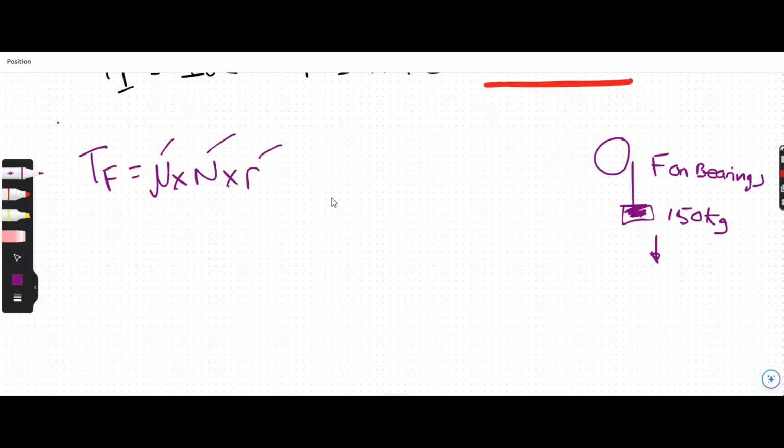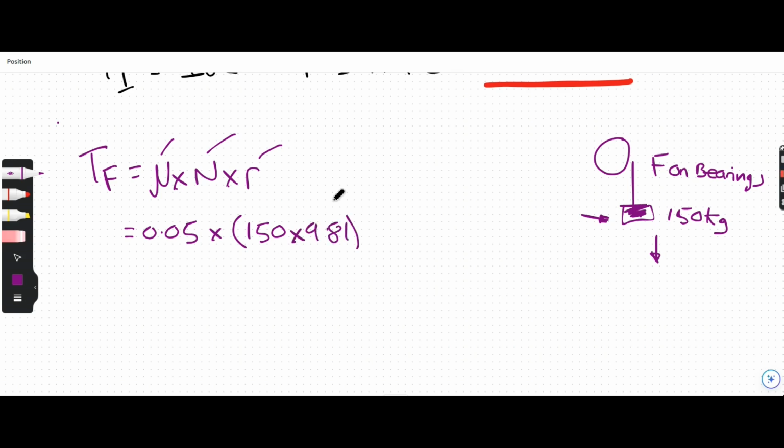So here we go, ready? Coefficient of friction, 0.05, times by the load on the bearings. The load due to this 150 kilograms, which we can convert into newtons, because 150 times by 9.81 will give me the newtons due to that load.